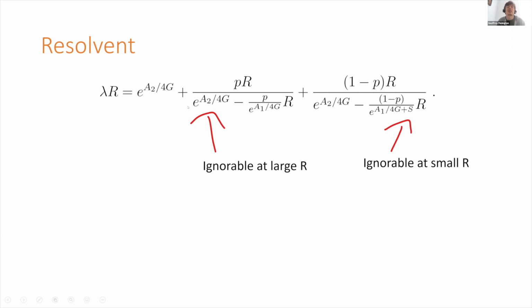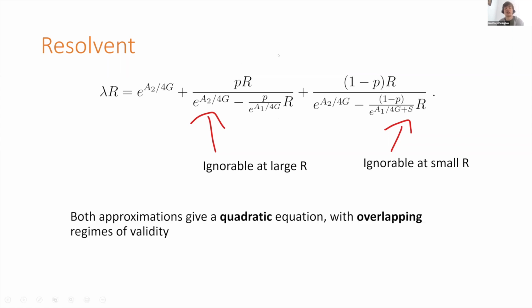And so we can drop this term at really, really large R. And the key point is that because there's an extra e to the s in the denominator here, but not here, there's an overlapping range of R's in which both these approximations are valid. And so by using the two approximations, we can find overlapping regimes of validity, and we can solve for all values of R, and hence for all values of lambda, we can find R.